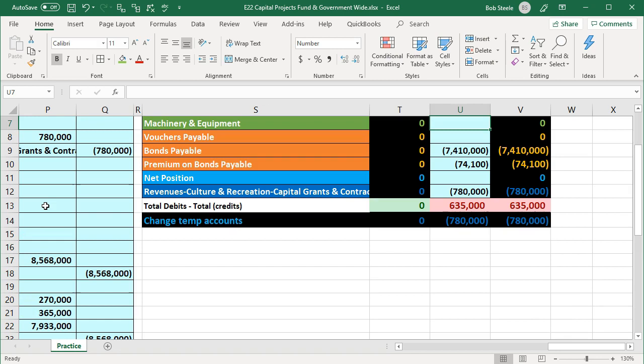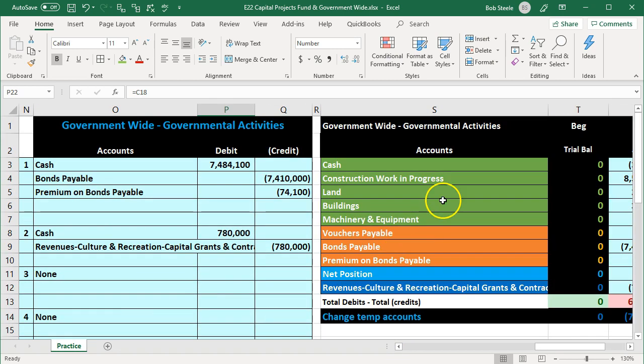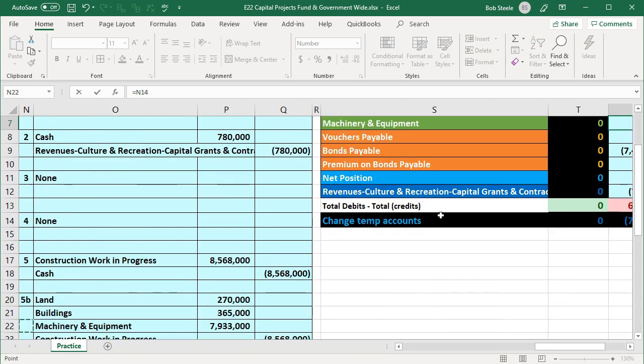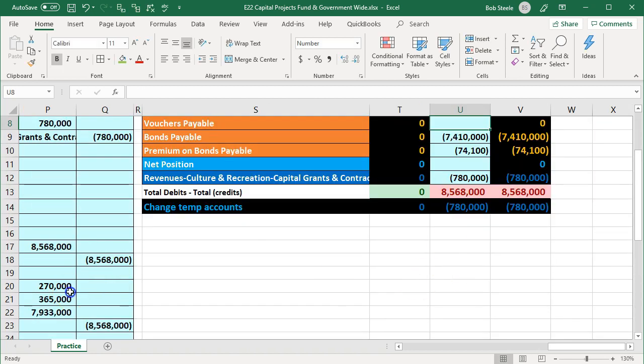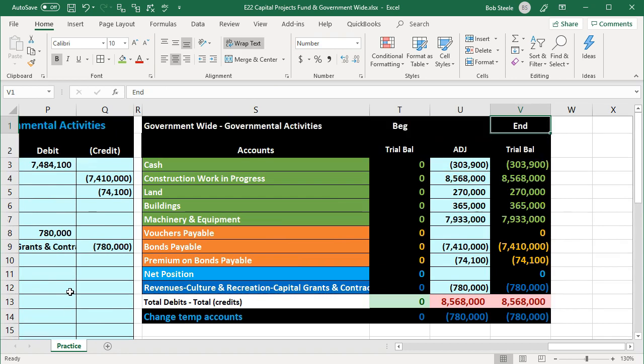There it is. And then we're going to go to the machinery and equipment, this amount. So machinery and equipment, we are in U7 equals, back down to the machinery and equipment, and enter. And then we have the construction work in process lastly. So scrolling back up to the construction work in process, we are in U4.